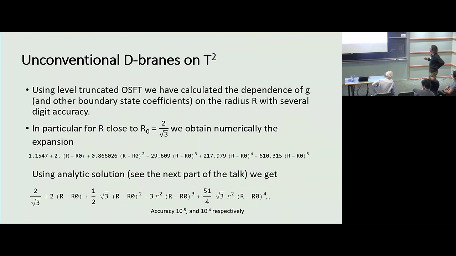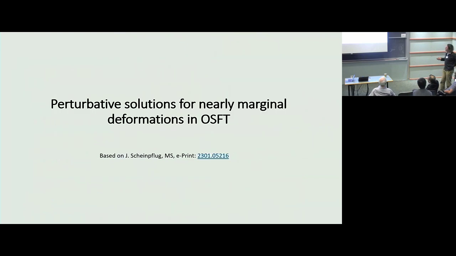And what I will describe in the second third of this talk is that we can calculate these numbers analytically using an exact analytic solution, and at least you recognize these numbers. This number is with 10 to the minus 5 accuracy, this is 10 to the minus 4 accuracy. So we have the string field theory calculations under very reasonable control. Of course, you could go to higher levels, but okay.